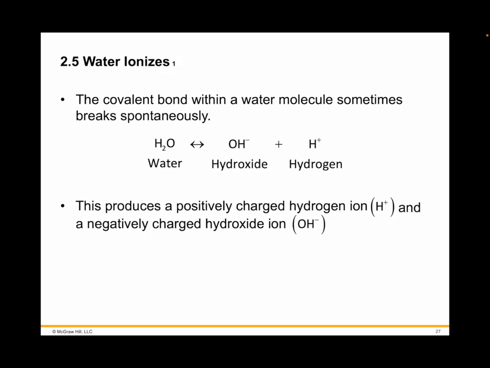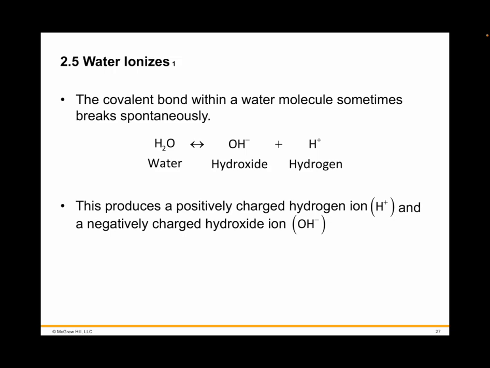Each pH unit represents a tenfold change in the hydrogen ion concentration. This means that a solution with a pH of 4 has 10 times the hydrogen ion concentration of a solution with a pH of 5, and 100 times the concentration of hydrogen ions of a solution with a pH of 6.